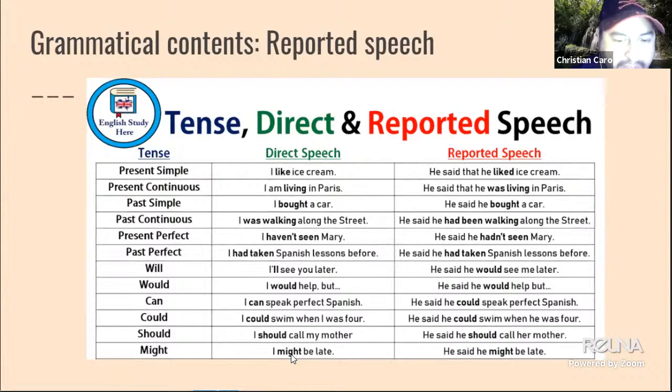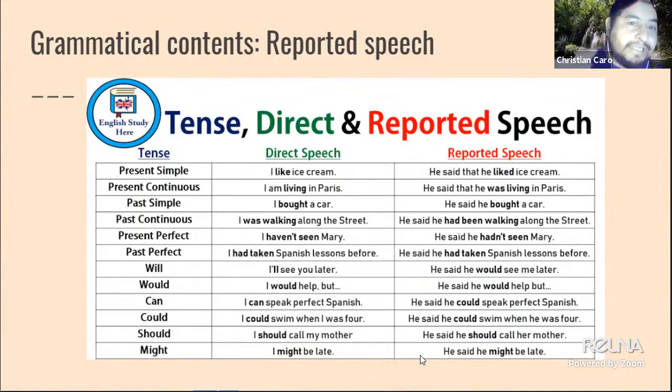De esta frase, I might be late. Acá, digamos, aquí el chart no la explica, pero debería decir, con backshift, he said he might have been late. Right? He said that he might have been late. Right?